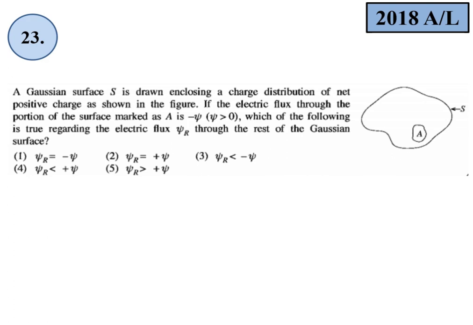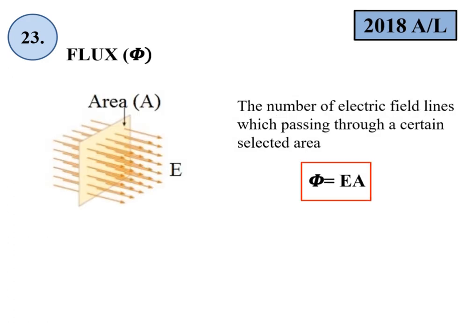Before discussing this question, let's refresh the idea of what flux is. Consider a small capital A area picked from a large area, where the electric field intensity is capital E. The flux is the number of electric field lines passing through a certain area capital A, so psi equals E multiplied by capital A. That means if the electric field and area are given, you only need to multiply them together to find the flux for that area.